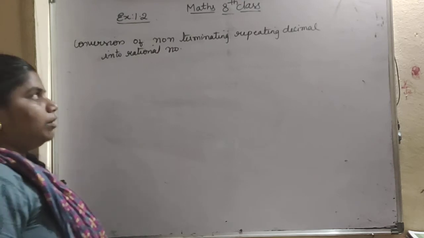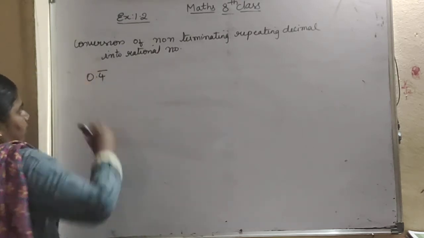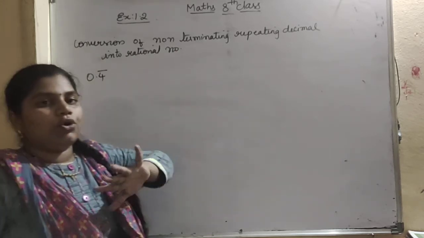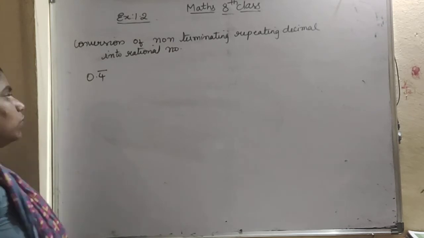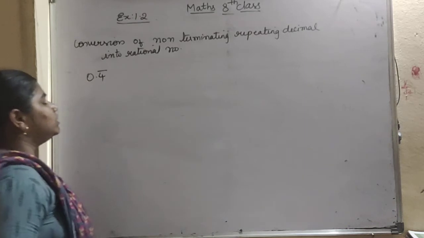Non-terminating repeating decimals will be in the form of 0.4 bar. This 4 goes on repeating, and if you divide this, you will not get the remainder as 0. So how to convert this into a rational number, we will see.